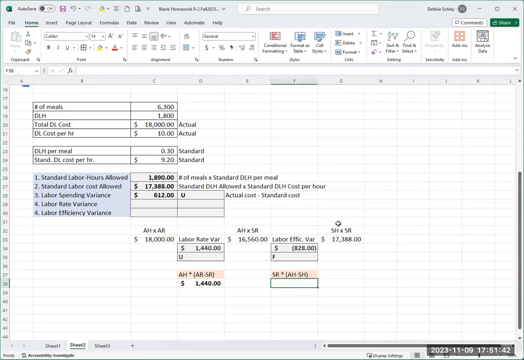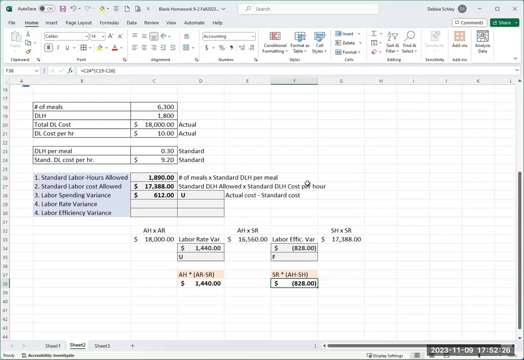And I'll show you on this one, both of these, AH times SR minus SH times SR, have the standard rate. So I can take the standard rate times parentheses, the actual hours minus the standard hours allowed, close parentheses, and it gives me that same $828.